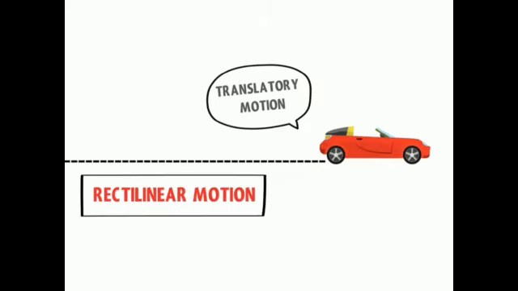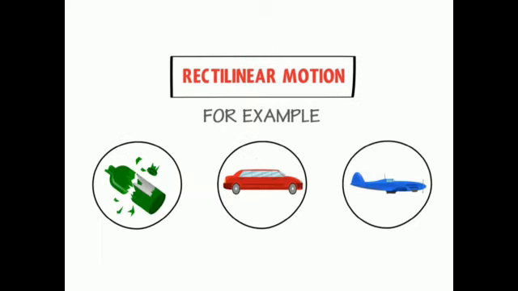Rectilinear motion is the motion along a straight line, or a motion along a single direction. Example of rectilinear motion: if a car moves along a single direction or an aeroplane moves in a direction. Other than that, if we throw an object from space towards gravity, it is also a single direction motion. So these are examples of rectilinear motion.